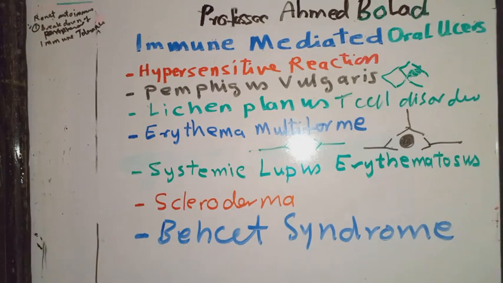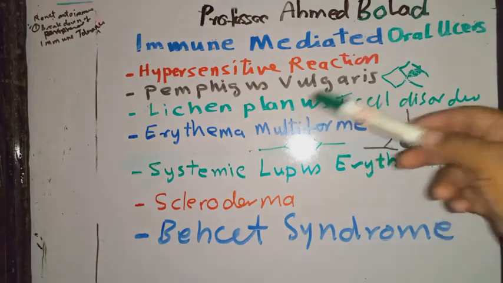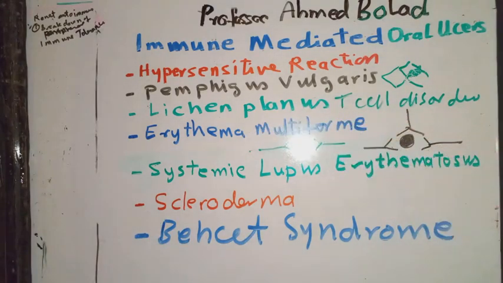So ulcers due to Lichen planus are painful and appear white and keratotic, and the lesion in Lichen planus appears like white keratotic lines with an erythematous border.